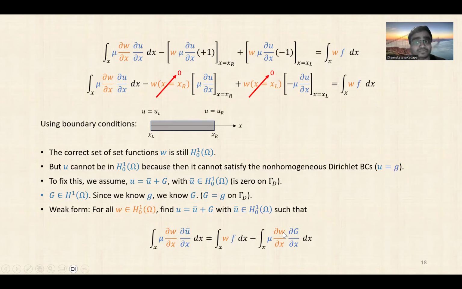Compared to the problem with the zero boundary conditions, we have one extra term here, and on the left-hand side instead of u, we have u bar, which satisfies the homogeneous Dirichlet boundary condition. Whatever the non-zero boundary conditions we have, we account for them through this extra term.